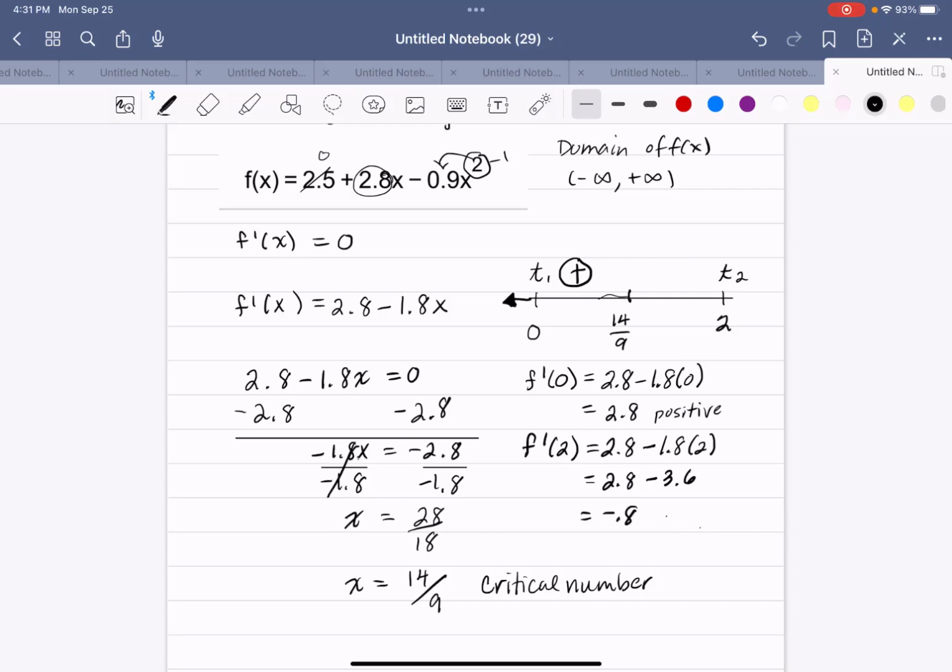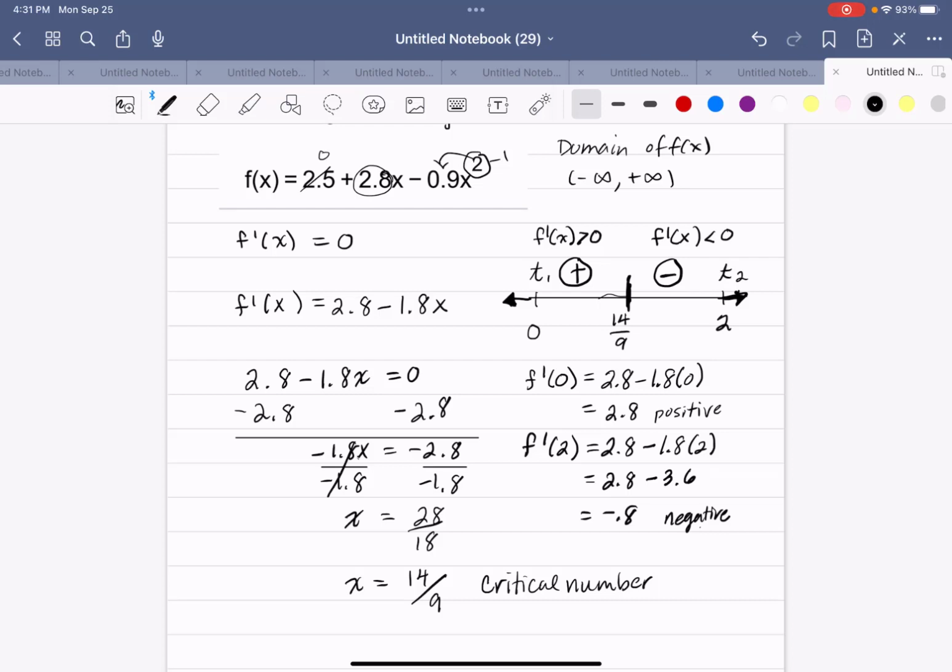So this is a negative. Now that means all of the values in this second region on the right side of 14/9 are negative. So the derivative f prime of x is greater than 0 here, and f prime of x is less than 0 here.